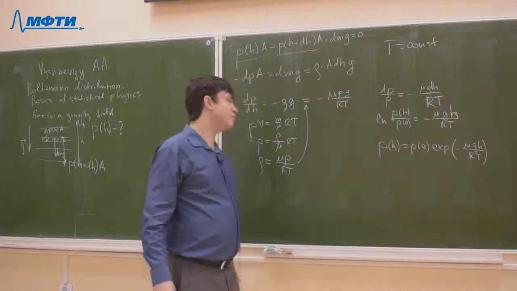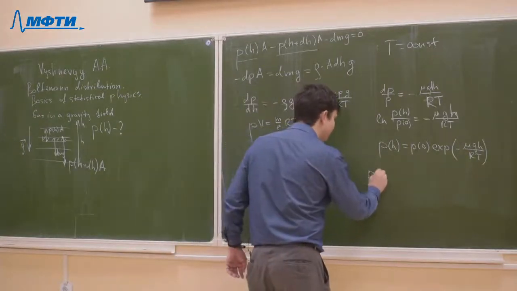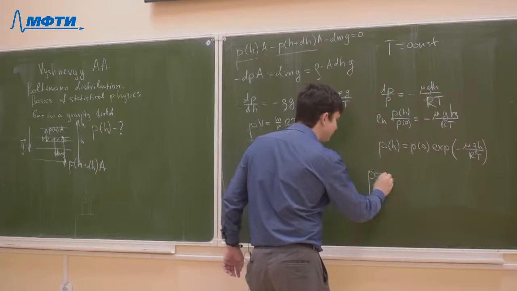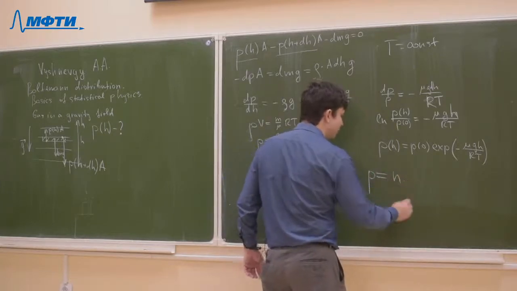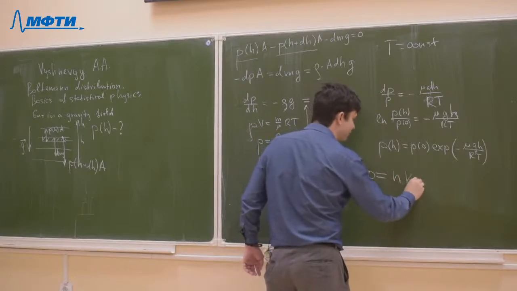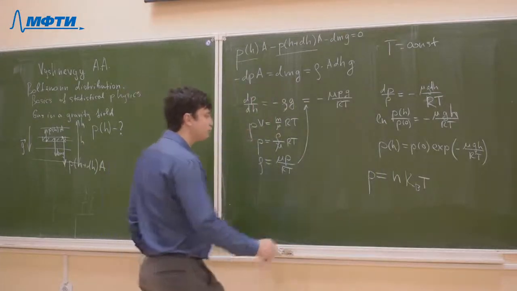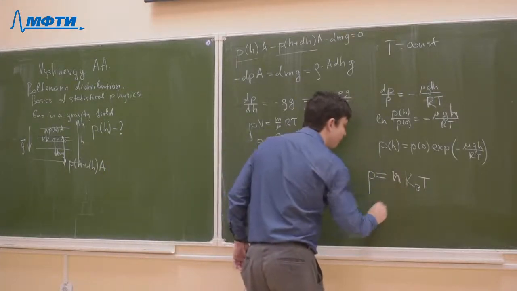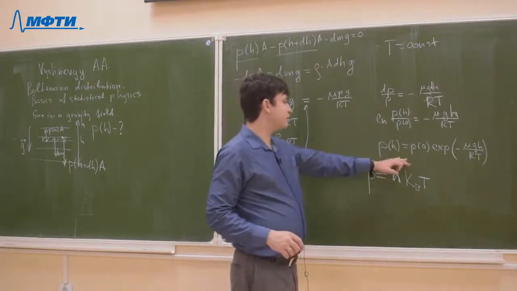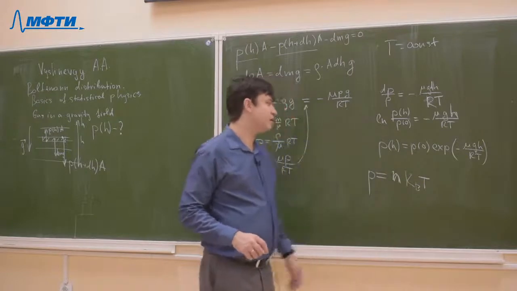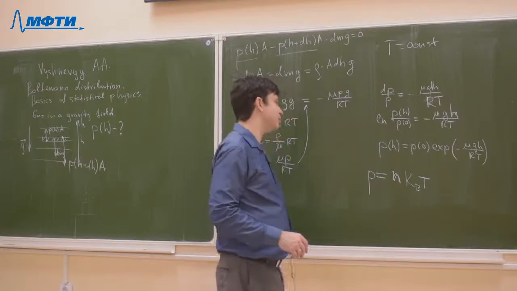But now we remember that previously I have derived the following formula, that pressure in the molecular kinetic theory is given as product of number density and Boltzmann constant kB and temperature T. So that means that not just pressure declines exponentially with the height, but also the number density of this gas declines exponentially.